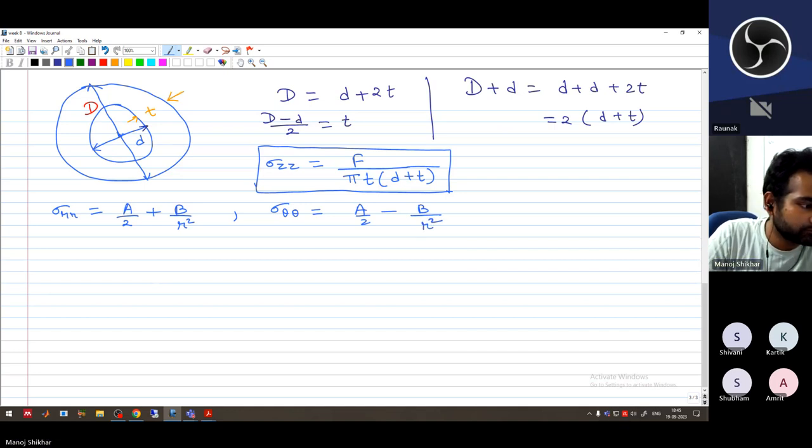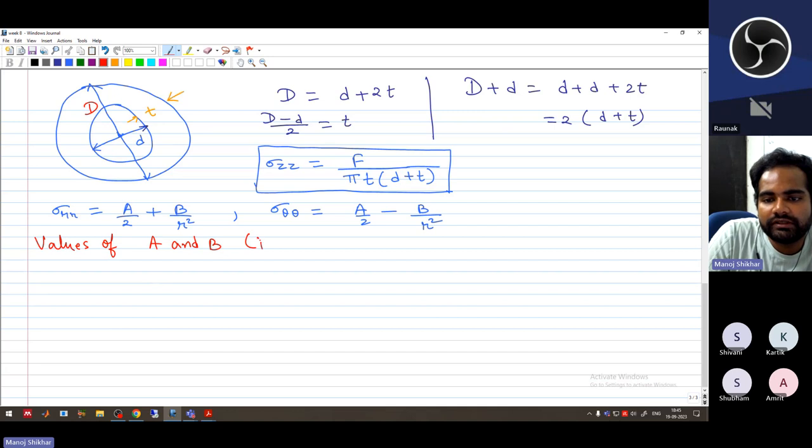And how do we obtain the values of A and B? These are also known as integrating constants.